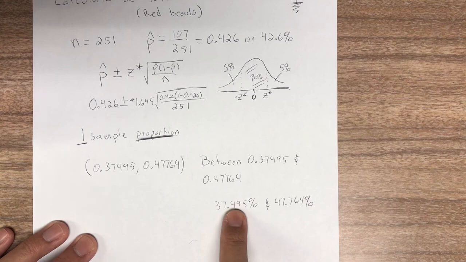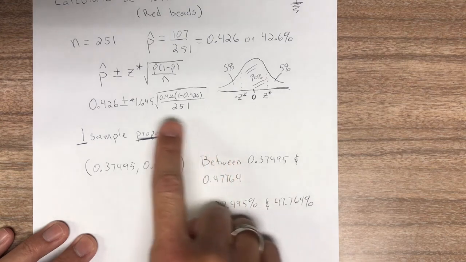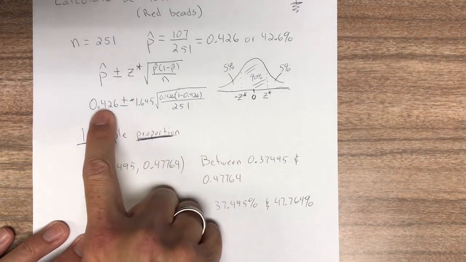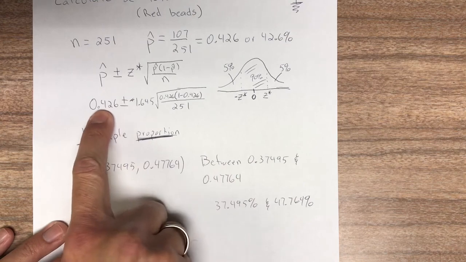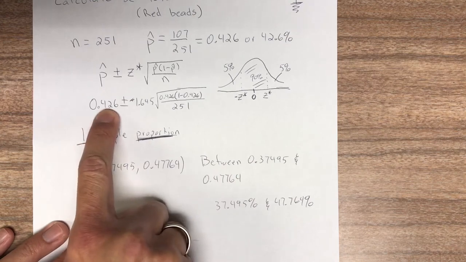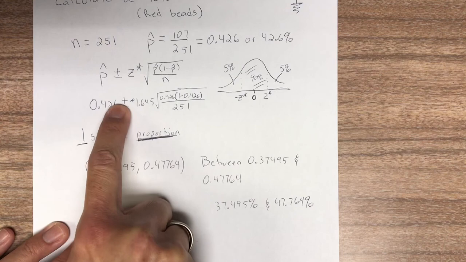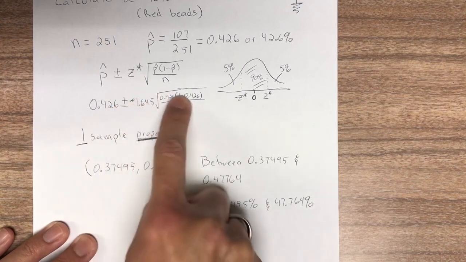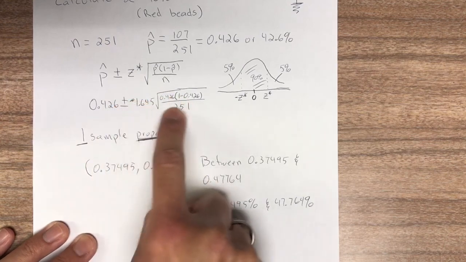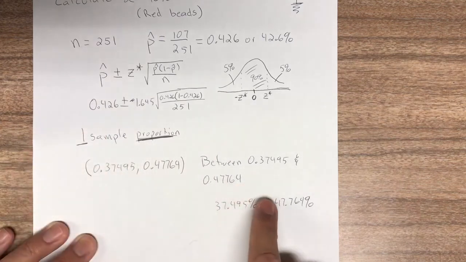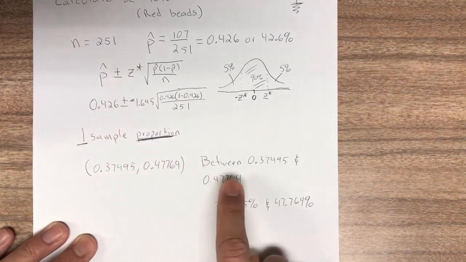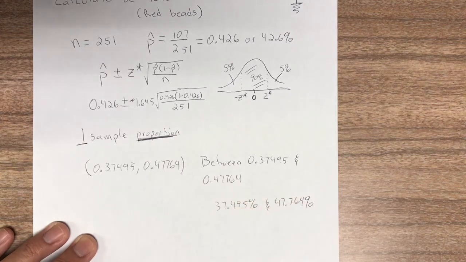We do have a margin of error. So remember that our point estimator, our sample statistic, 0.426, plus or minus all of this product. This is the margin of error. So kind of in the middle, you have your statistic, and then you have a plus or minus your margin of error.